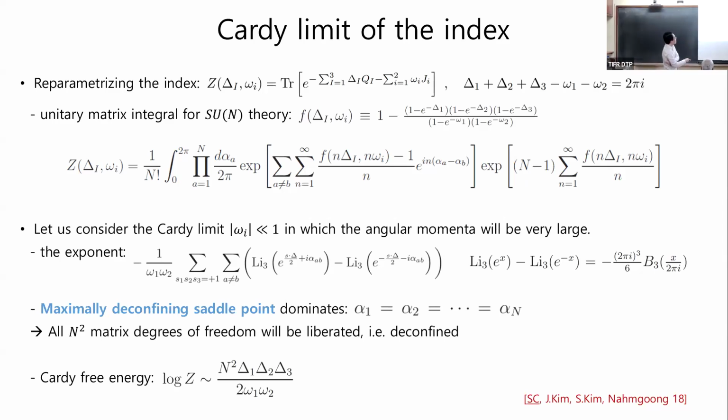If you put this saddle point in the integrand, you will get log Z, as this is the Cardy limit. And actually, this function has been suggested as the entropy function of these black holes in AdS5, meaning that if you Legendre transform this function, you will get the Bekenstein-Hawking entropy of the black hole.